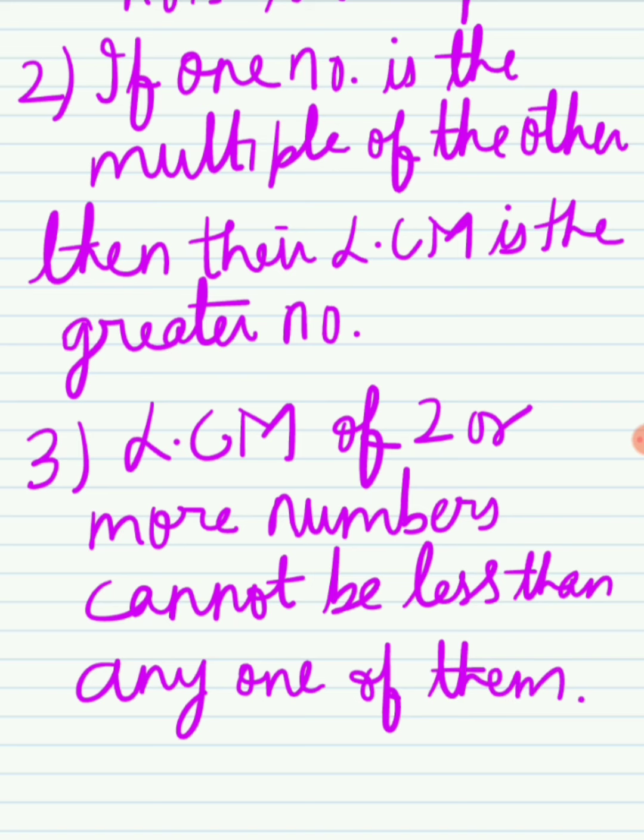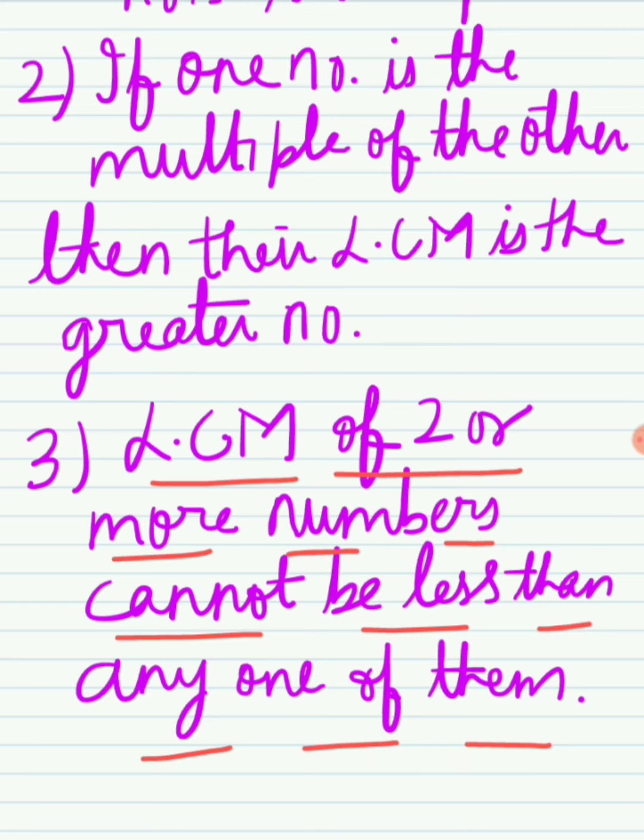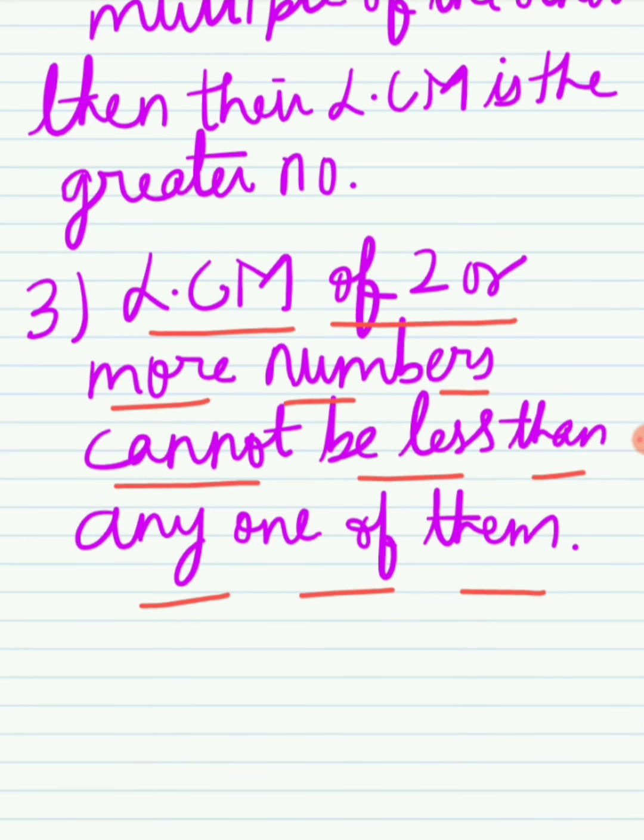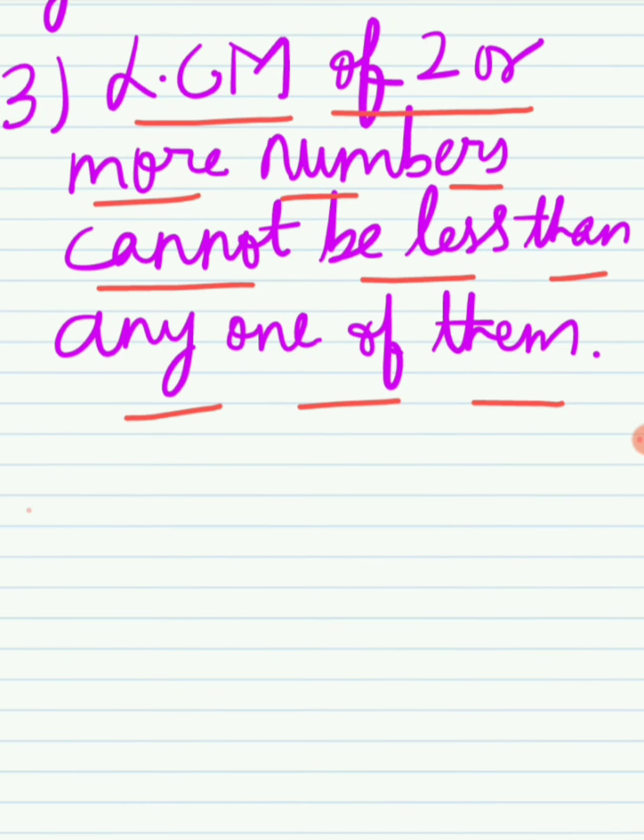Very important point. LCM of two or more numbers cannot be less than any one of the numbers. Means whatever numbers are given, the answer coming is never less than any of these given numbers. Let's take an example. With the example you will understand all these properties.